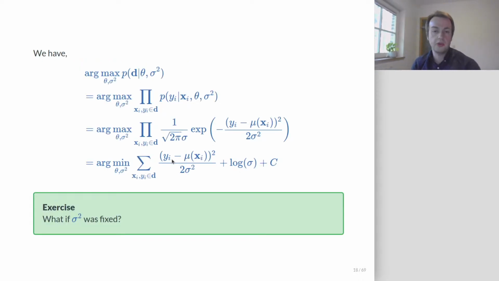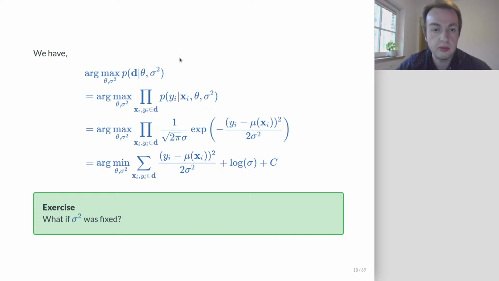All right, so how do we learn this? What we have to learn are the parameters theta of the neural network and the sigma squared variance parameter. So we just do regular maximum likelihood estimation, and we say that the parameters that we want to use are the parameters theta and sigma squared that maximize the likelihood of the data given these parameter values.